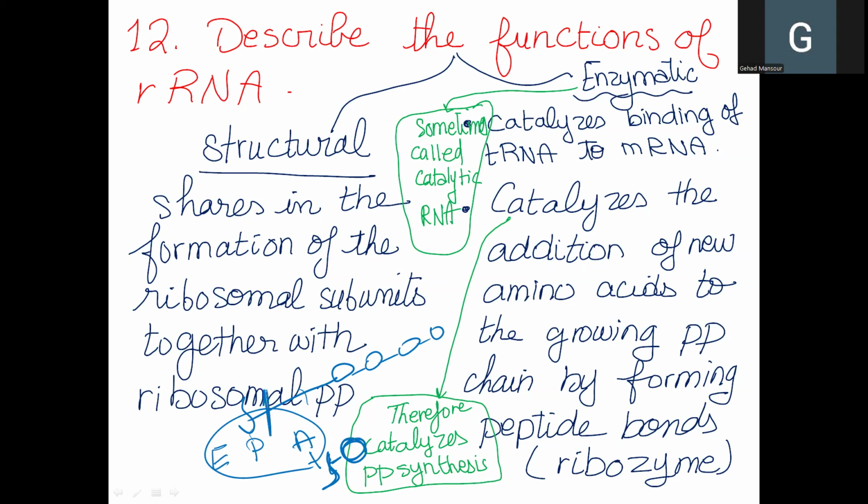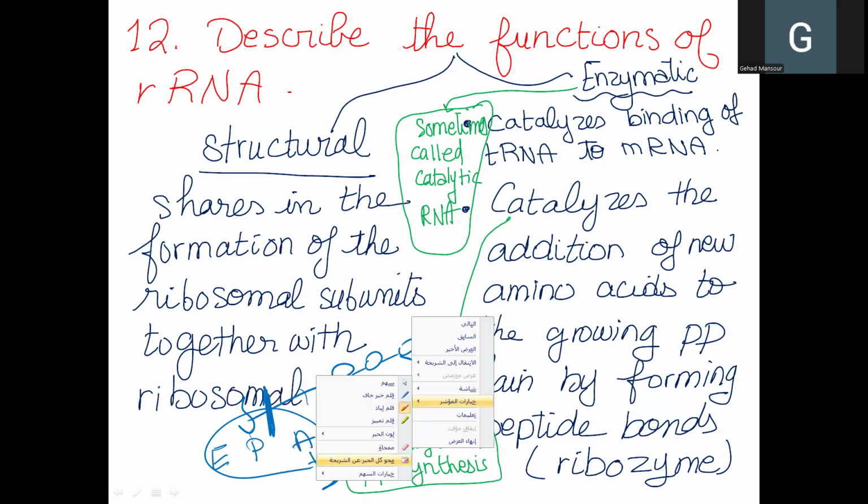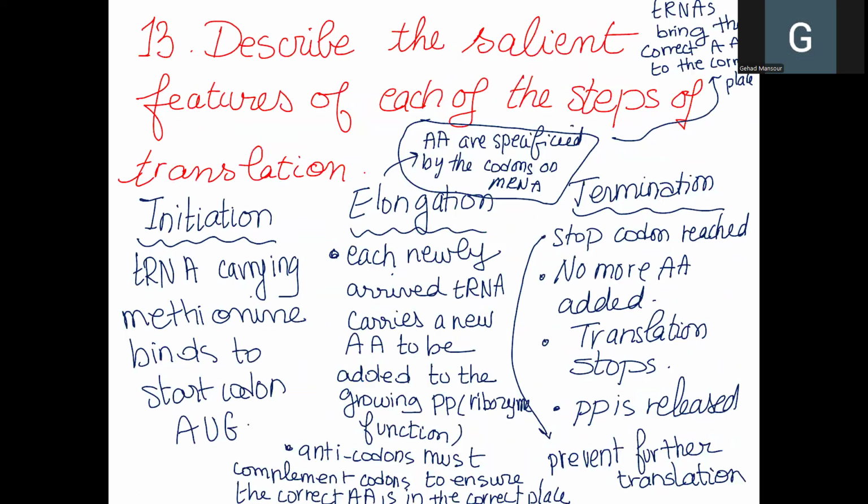So actually we break down that bond and we translocate that peptide chain to be attached to the newly coming amino acid. Of course, you can review the diagram on your PowerPoint presentation to remember this.